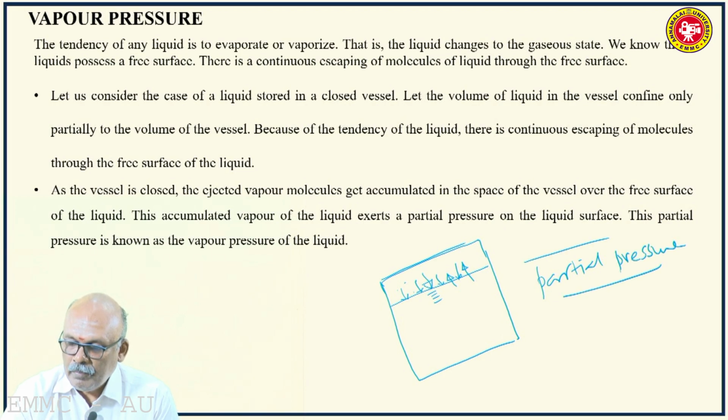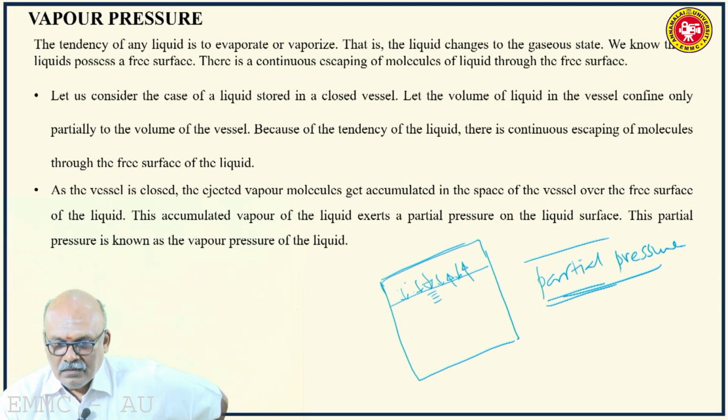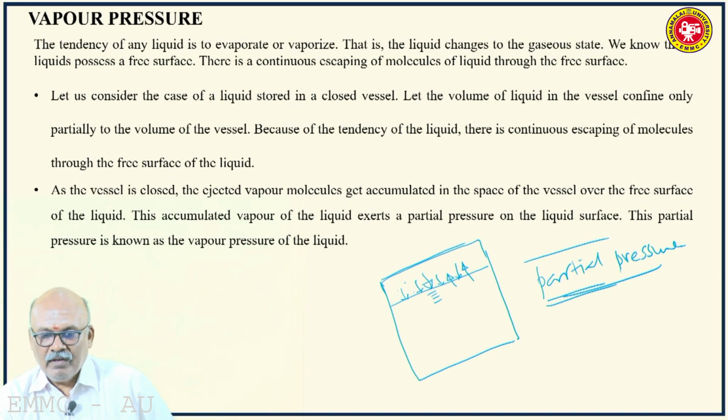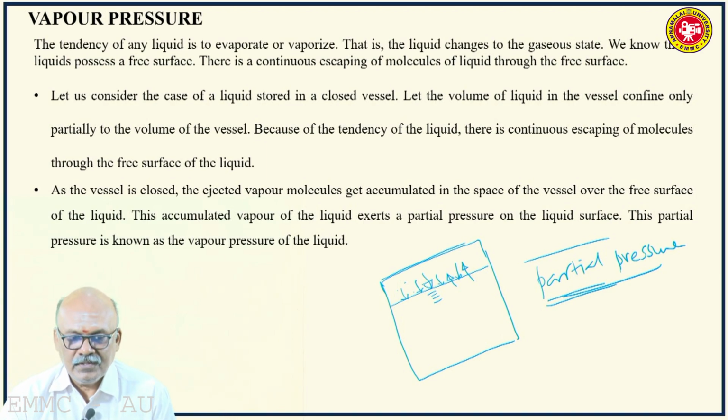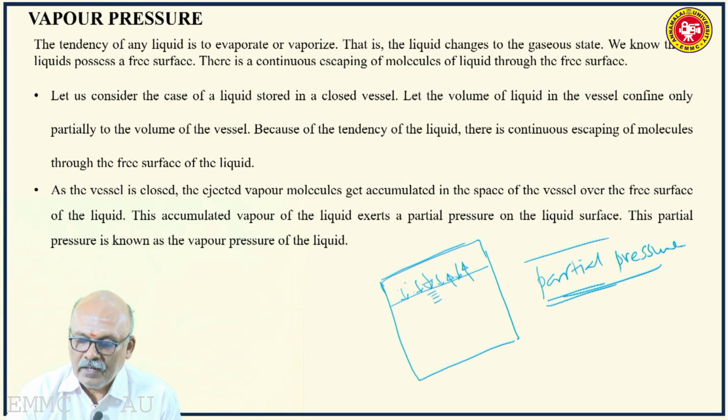So, why is it called a partial pressure? Let me summarize. The tendency of any liquid is to evaporate or vaporize, that is, the liquid changes to the gaseous state, and any liquid contained in a vessel will have a free surface. The continuous escaping of molecules through the free surface will get accumulated, in a closed container like this, in the free space over the free surface.